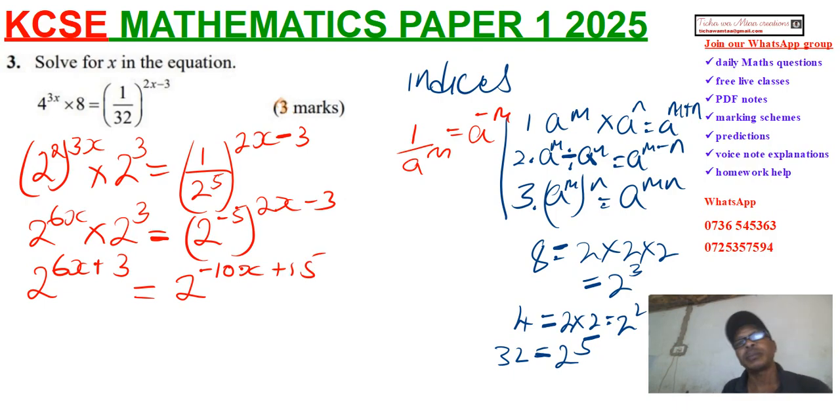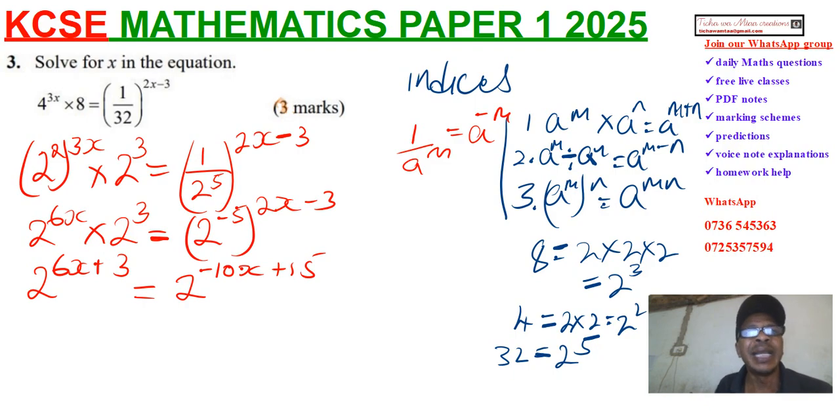Now there is something that we have achieved which is going to help us, that we have managed to express our equation here with a common base, which is 2. So when the base is the same, this is 2 to power 6x plus 3, and we have 2 to power minus 10x plus 15, then it means if they are equal, the indices are the same.